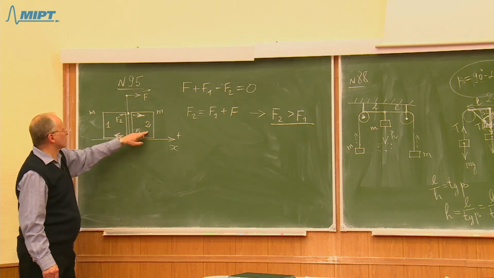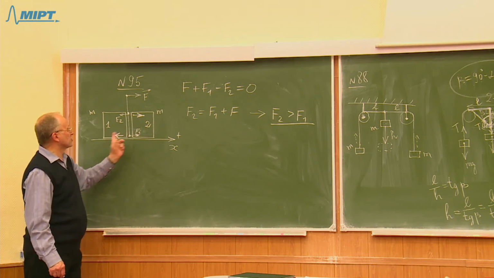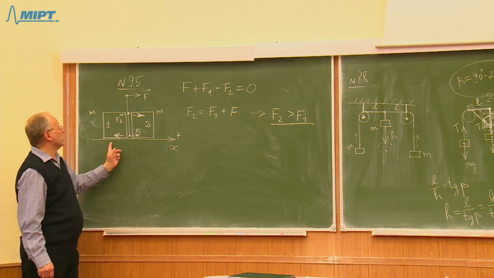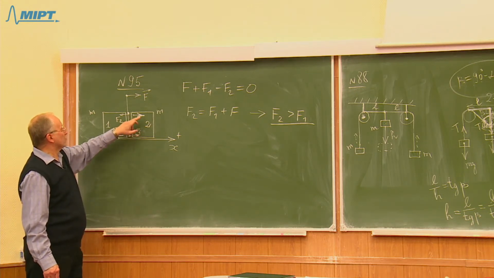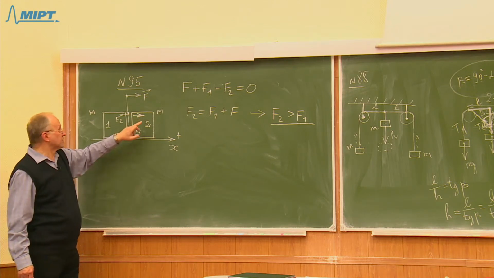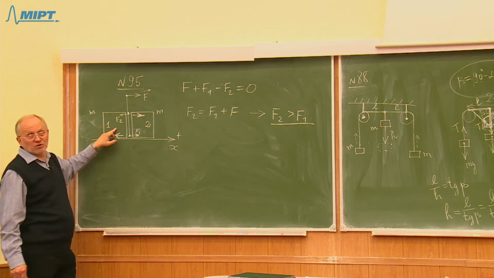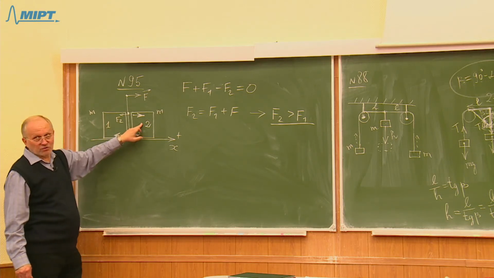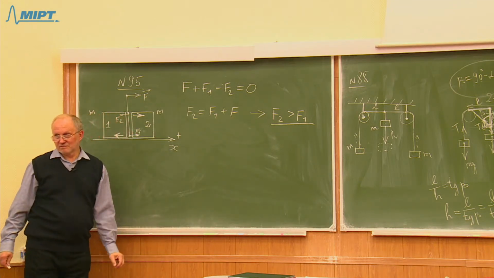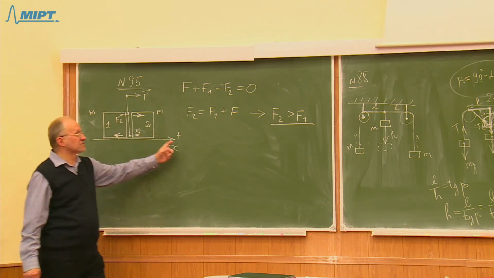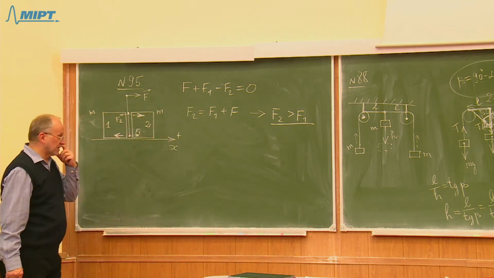And as the two blocks, block 1 and block 2, are absolutely identical, and forces of friction are identical, which block will move first? Where the force is larger. The force exerted on the second block is larger than the force acting on the first block. Therefore, the second block will be the first to move if I increase the force F.